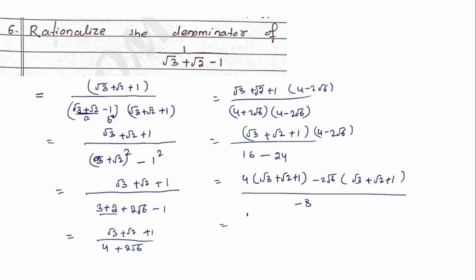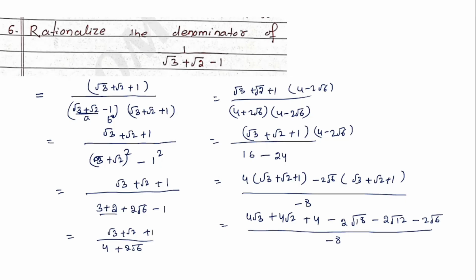Now multiply: 4 root 3 plus 4 root 2 plus 4 minus 2 18, minus 2 12, minus 2 root 6, divided by minus 8.